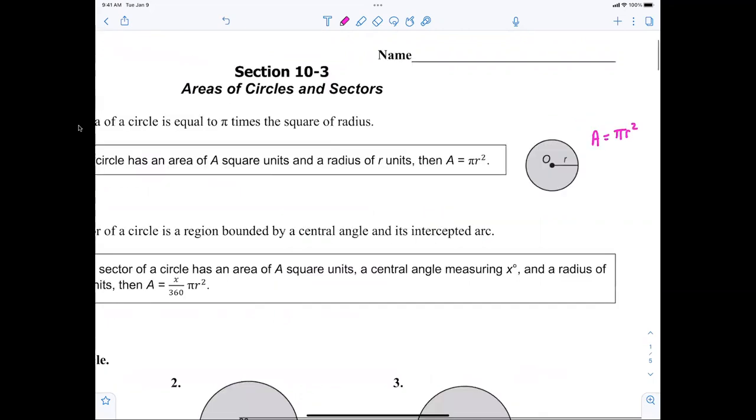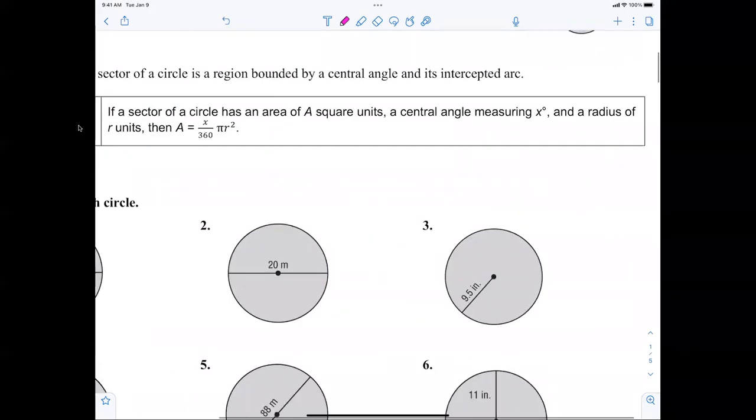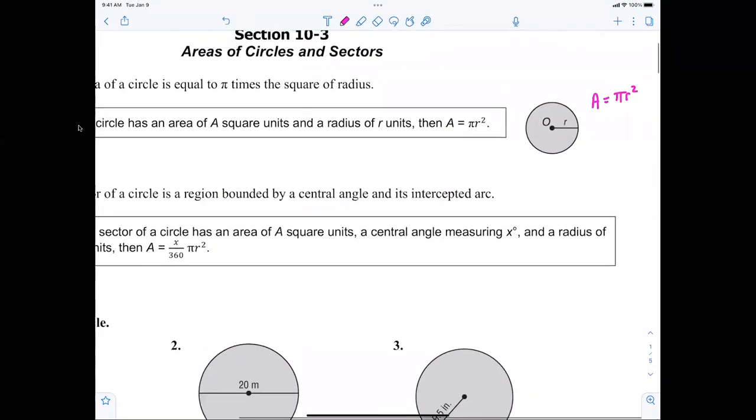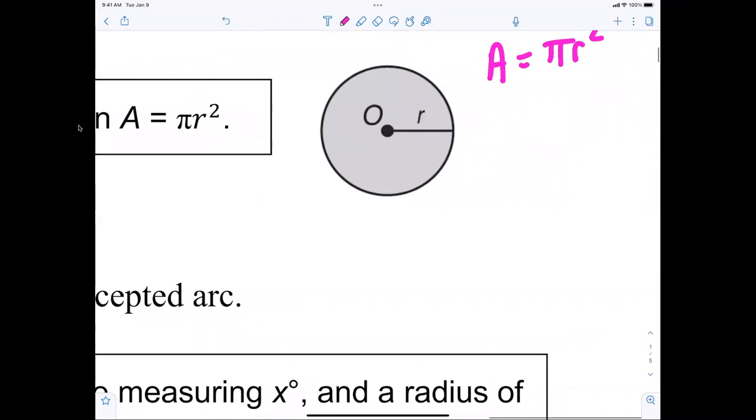Now the next part is called a sector of a circle. I can just draw it out right here. Let's say this right here is the sector that I'm referring to. A sector is just a piece of the circle, kind of like a piece of pie.